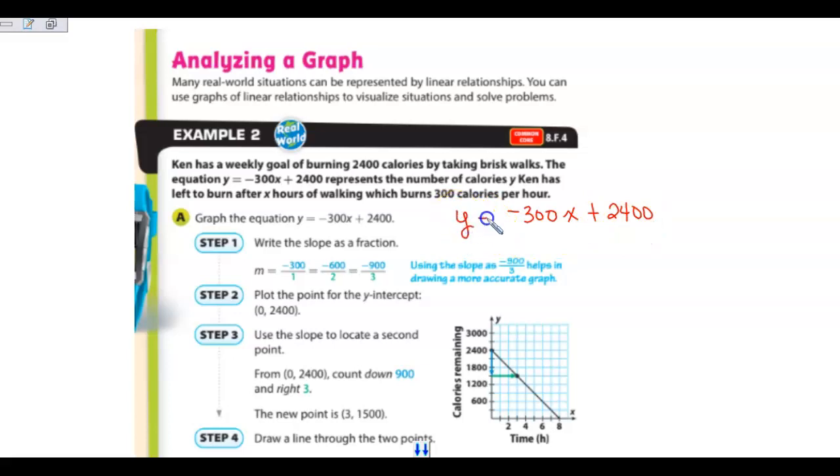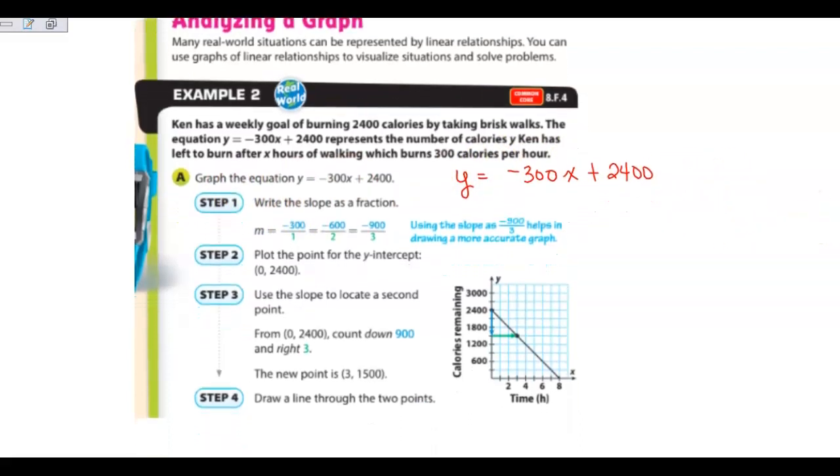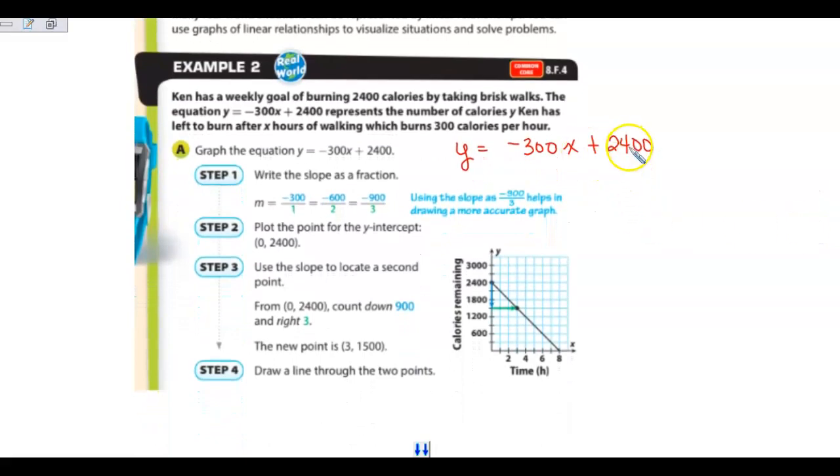And then we need to know about how many calories are remaining. All right. So we're going to graph this equation, and that's what they did. We know that the y-intercept is at 2,400, so at 0, 2,400. That's this point right here.